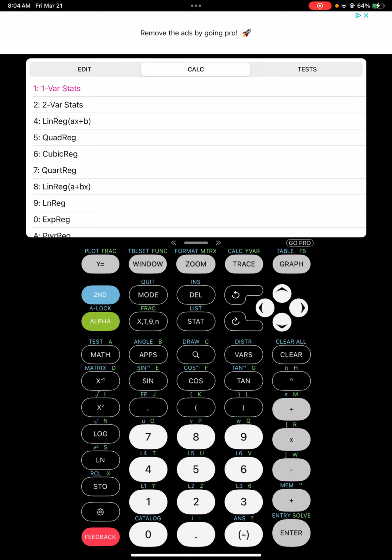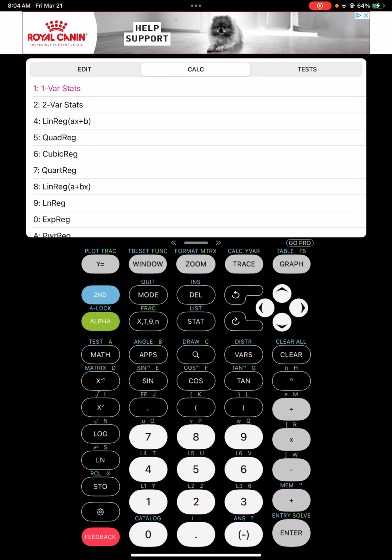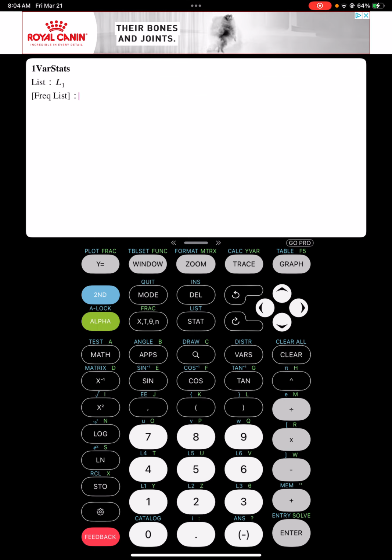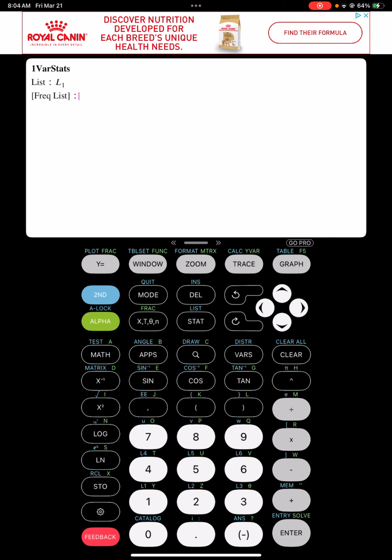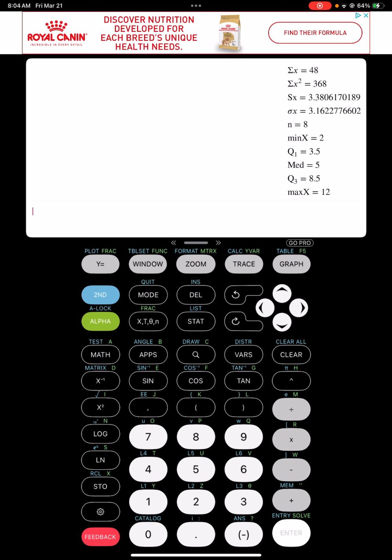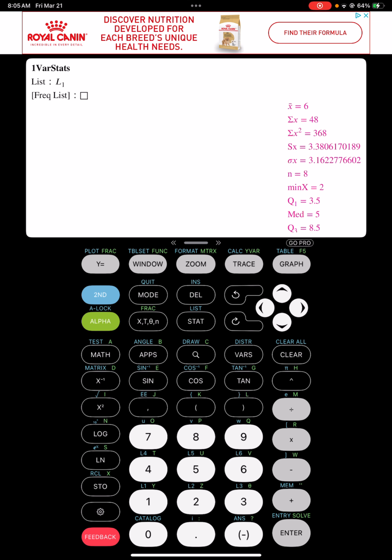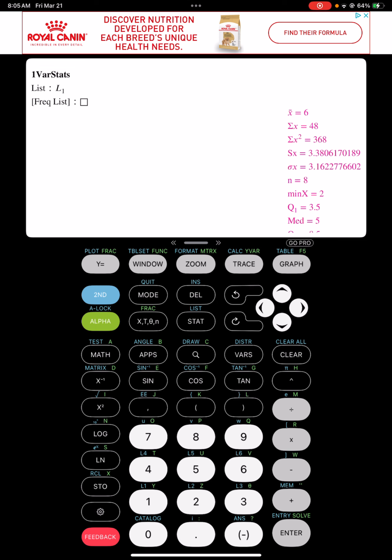So what we're going to hit is the top one where it says one variable statistics. You're going to hit enter on that. And then our list is in list 1, so that's good. And then you're just going to hit enter again. And now it gives you all your data values over here to the right. So we can see all our data values over here.